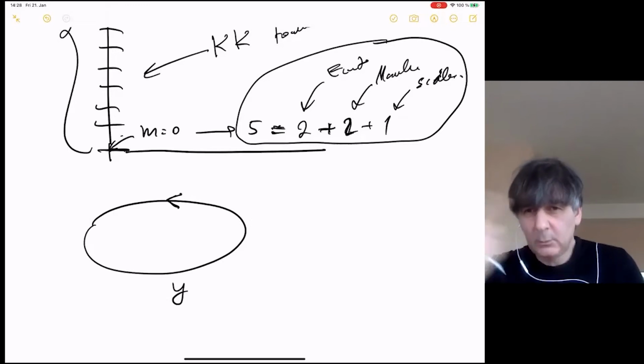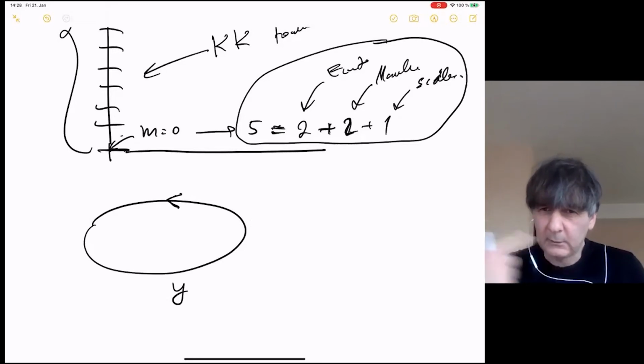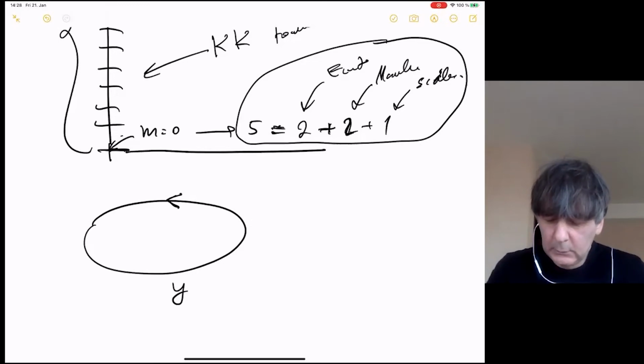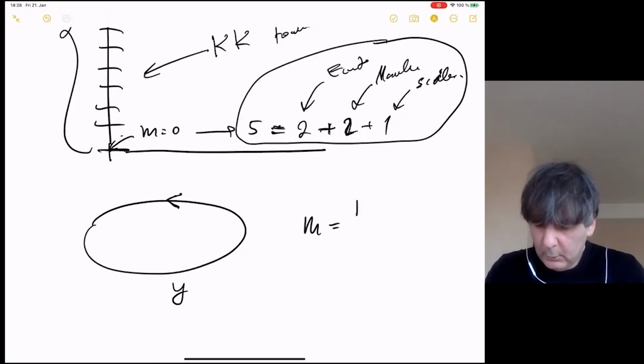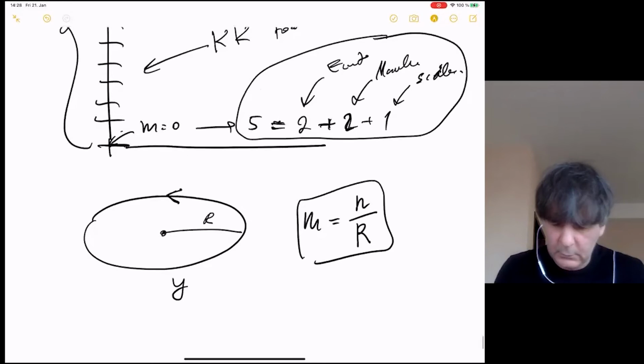Because of this, the momentum, the conjugate variable, becomes discretized, becomes quantized. So the mass becomes an integer in units of the radius of compactification.